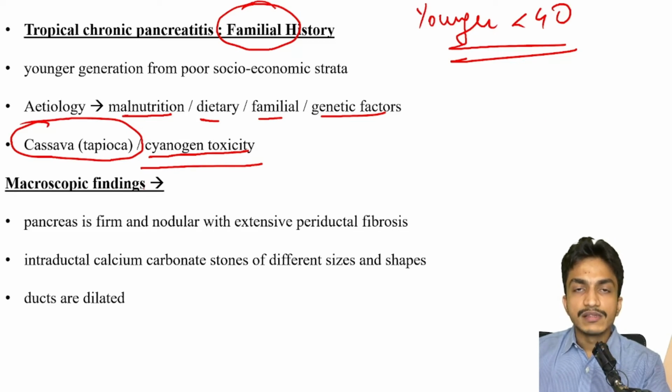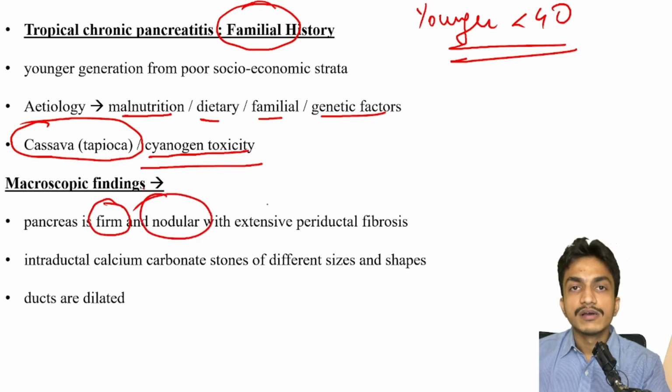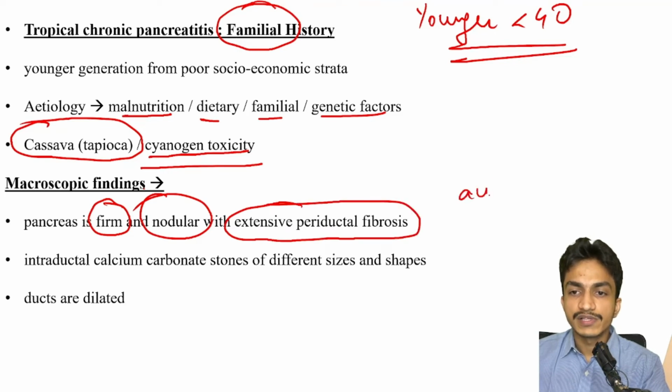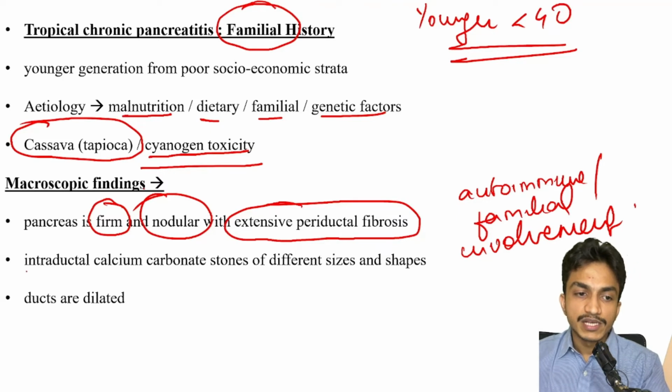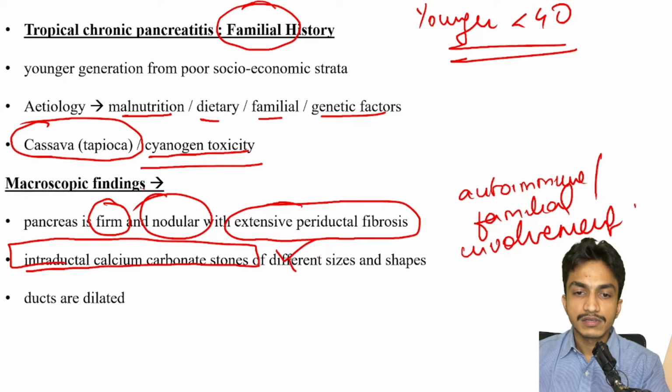Because of the inflammation, it will be a firm and nodular pancreas with extensive periductal fibrosis, because of the autoimmune type and familial involvement. And because of the fibrosis, there will be intraductal calcium carbonate stones, and the ducts will be dilated.